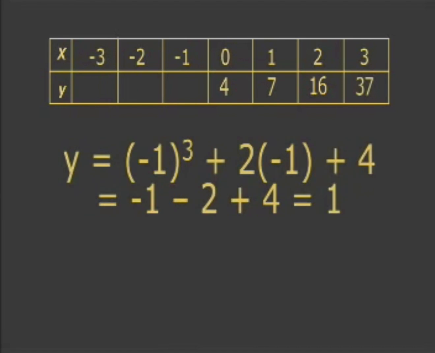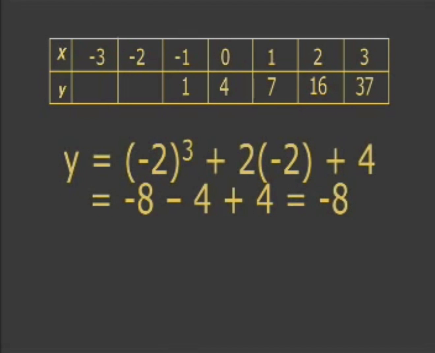If x equals -1, then y equals -1 cubed plus 2 times -1 plus 4. This is -1 minus 2 plus 4, which equals 1.